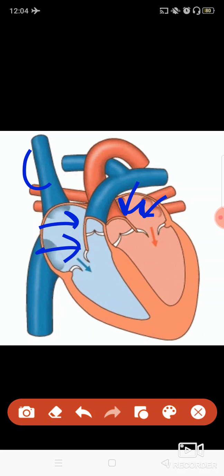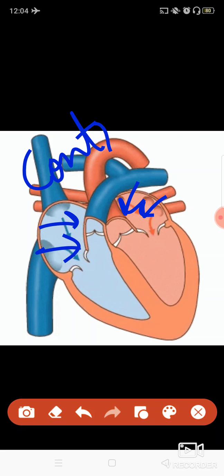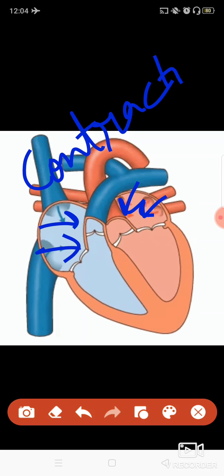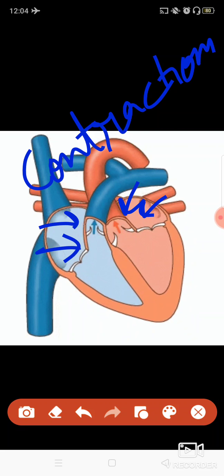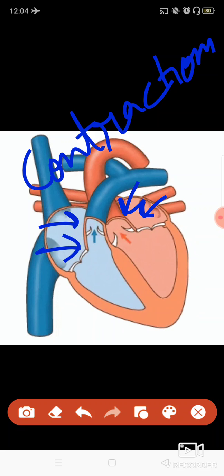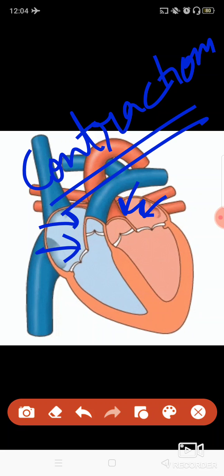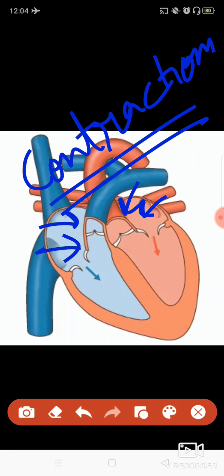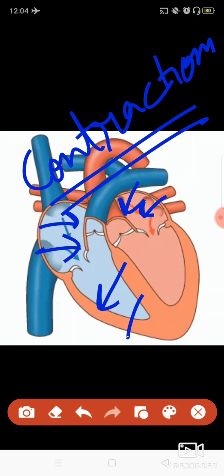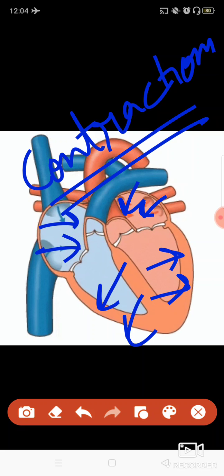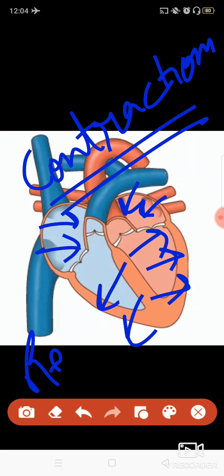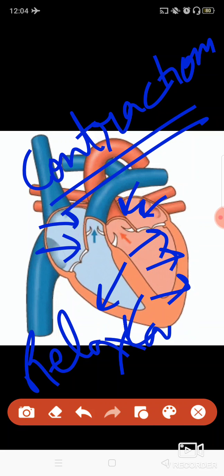The contraction of walls is known as contraction and relaxation. When the walls are moving outward, meaning there is more space, then it is known as relaxation.